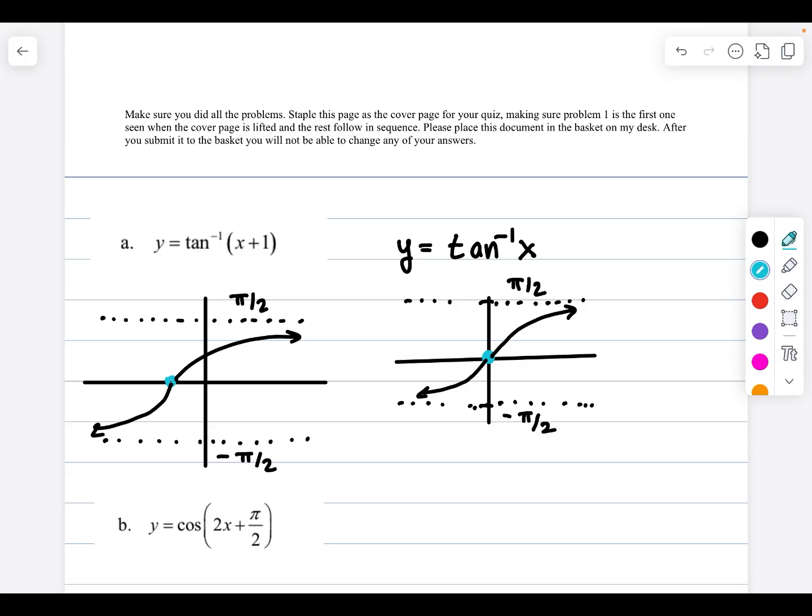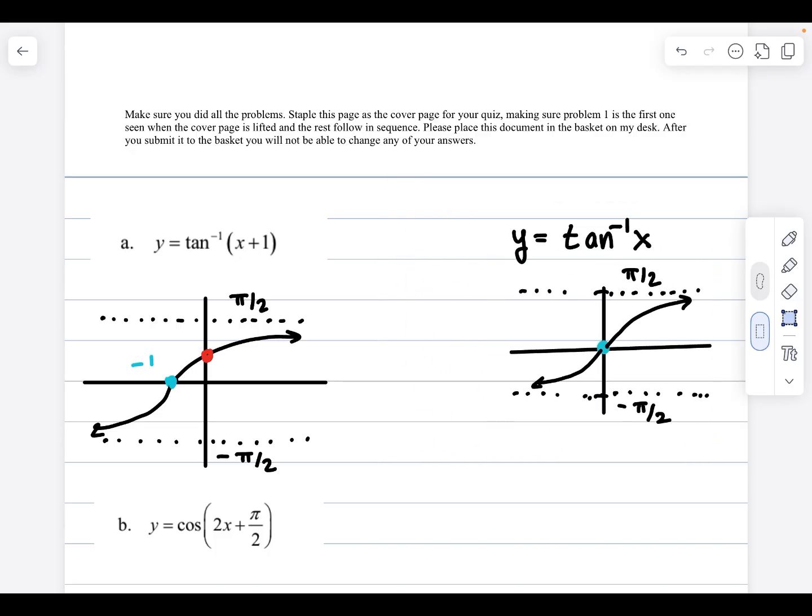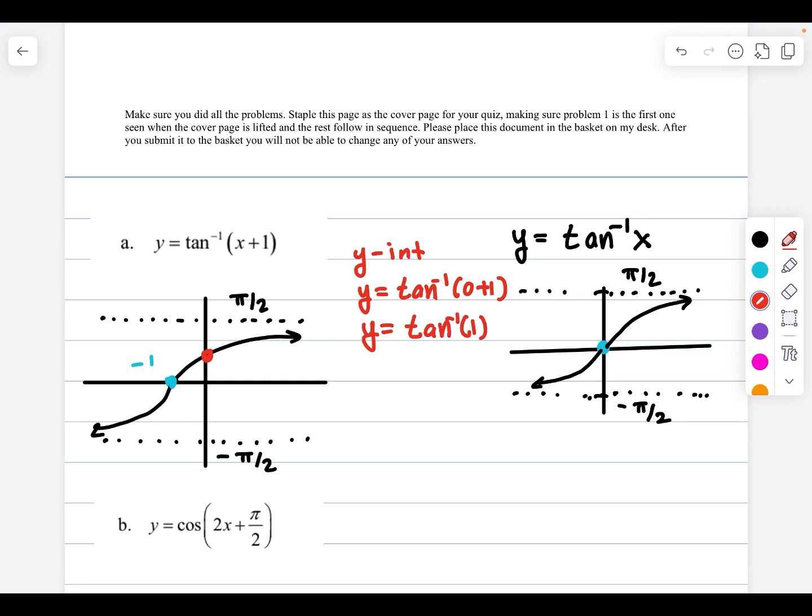So that x-intercept is negative 1. But I want to find this y-intercept. So I'm going to figure out what the arctangent of 1 is. To find the y-intercept, we need to plug in 0 for x. We get y equals arctangent of 1.